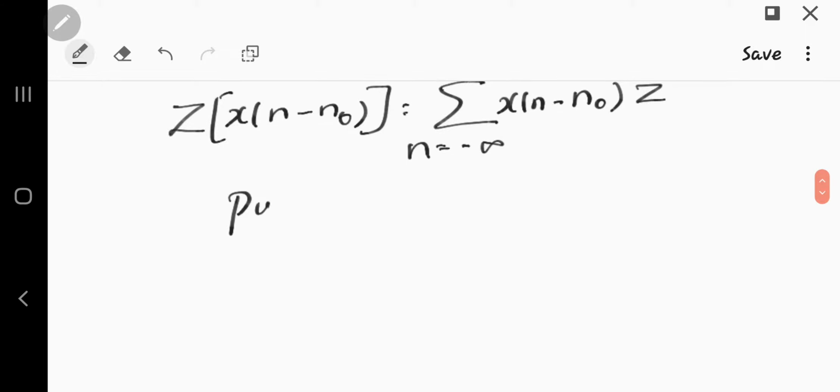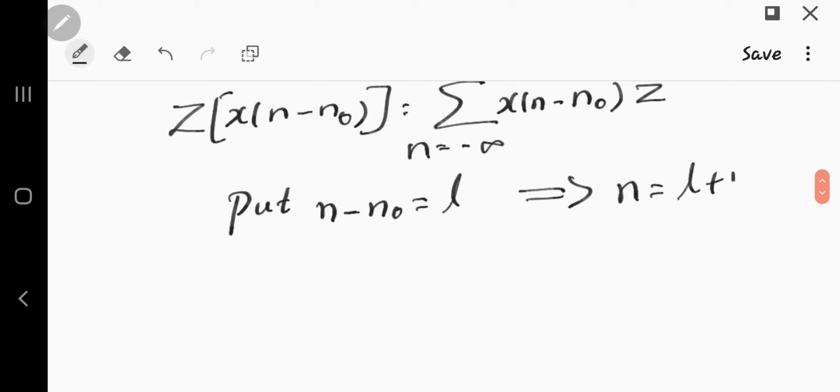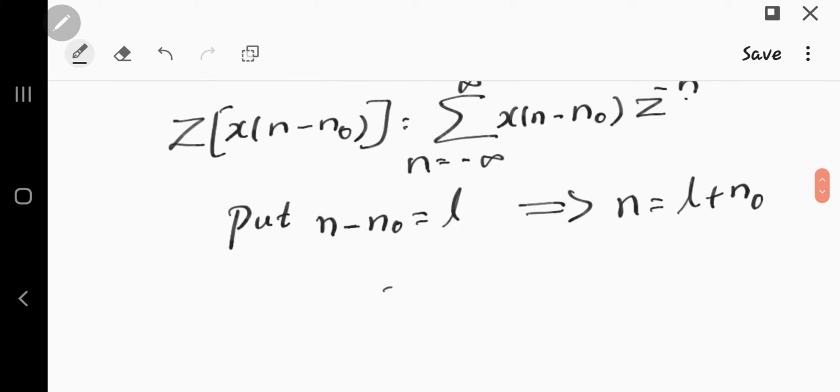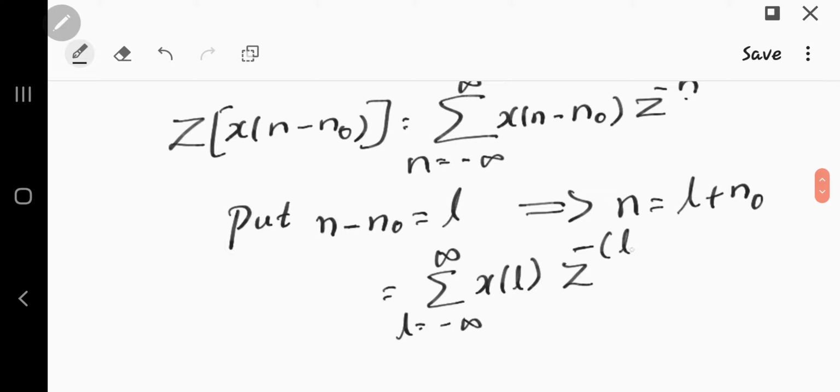Now replace this with some other variable. Put n minus n naught equal to L, so that n is equal to L plus n naught. We have to substitute for n here. So therefore, we get the limit L equals minus infinity to plus infinity x of L z to the power of minus, and in place of n we replace L plus n naught.